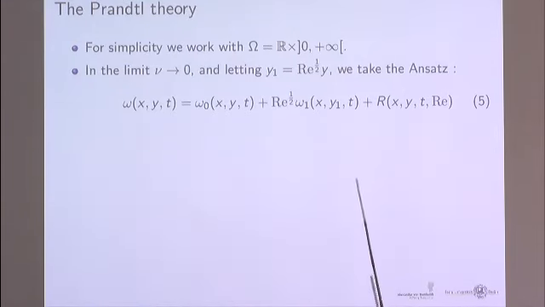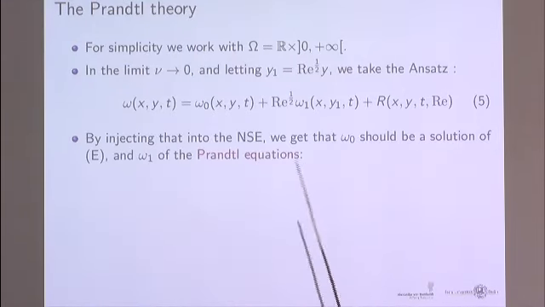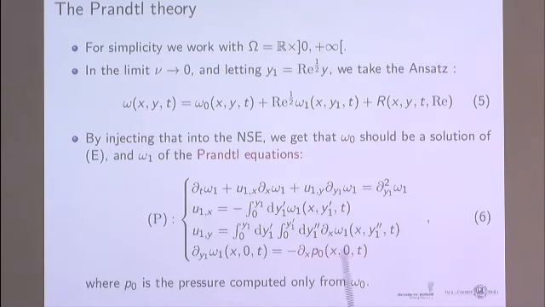And if you plug this into the Navier-Stokes equations and turn the crank, keep the right terms, you will see that omega 0 has to satisfy the Euler equations, and that this omega 1, this boundary layer, has to satisfy this set of equations, which is the vorticity formulation of the Prandtl equations.